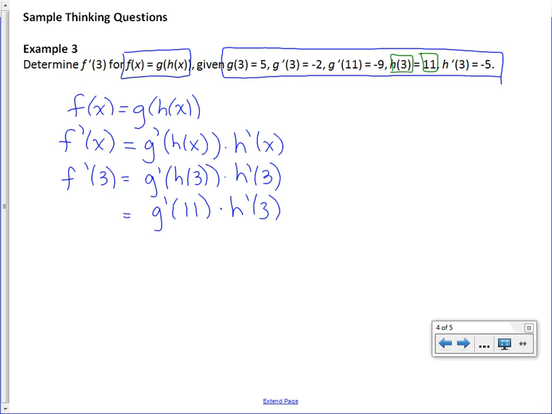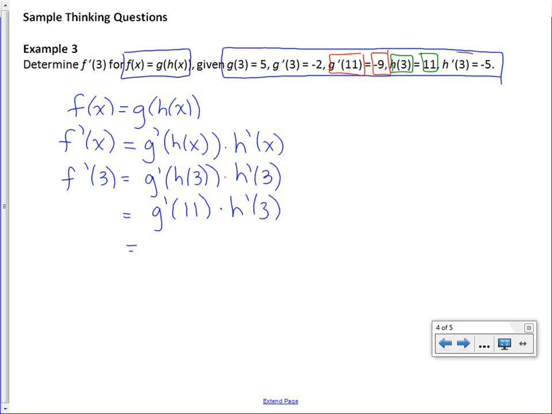Okay. So now, man, if only I had g prime at 11 and h prime at 3, I would be golden. And this is where it could be a little cheesy, like, hey, wait, I do have those two pieces of information. G prime at 11 is -9.